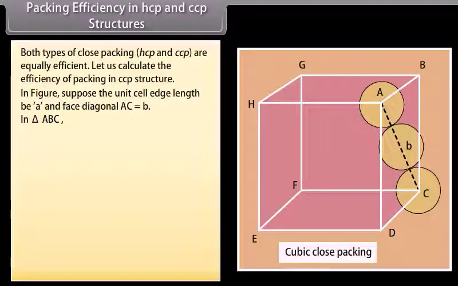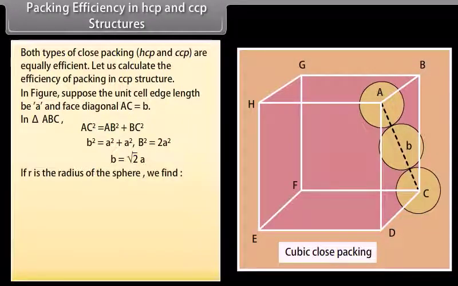In triangle ABC, AC square is equal to AB square plus BC square, or b square is equal to a square plus a square, or b square is equal to 2a square, or b is equal to square root 2 a. If r is the radius of the sphere, we find b is equal to 4r, which equals square root 2 a, or a is equal to 4r upon square root 2, which is equal to 2 into square root 2 r.